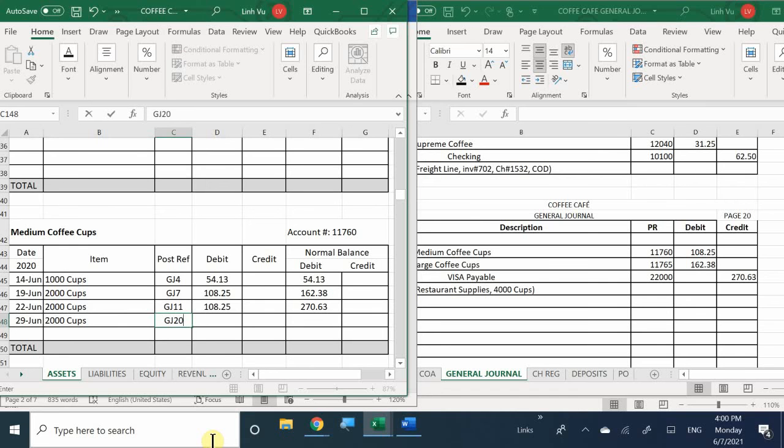So we'll have the date 6/29. Purchase the cups GJ20 for 108.25 to give a balance of 378.88.